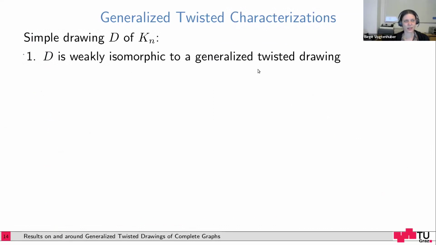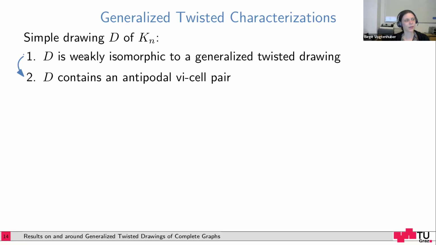Before that, I'd like to come to some twisted generalizations. So if we look at a simple drawing of the complete graph, and this simple drawing is weakly isomorphic to a generalized twisted drawing, then one can show that it actually contains an antipodal VI cell pair. On the way to here, we need to show that antipodal cells then are cells that have vertices.